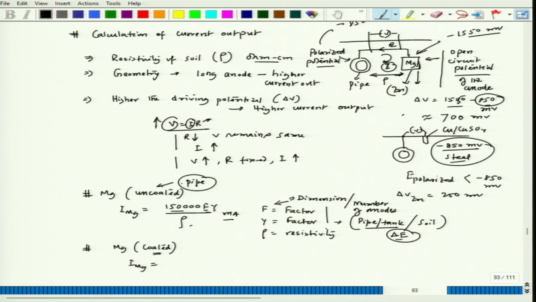When the pipe is uncoated, and here when the pipe is coated, that time the current output requirement would be less, and current output also becomes less. So, that means the formula is 1,20,000 F y divided by rho.